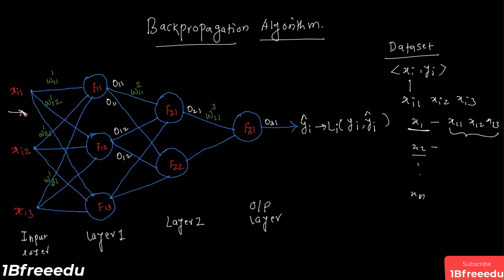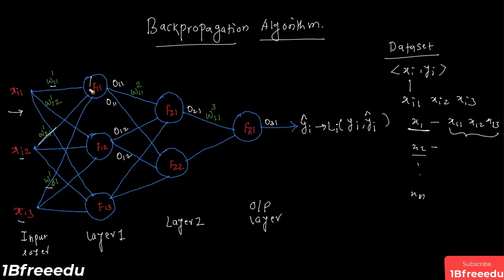These inputs are sent in the forward direction. The first feature gets multiplied with this weight W111 and comes here in this neuron. The second feature gets multiplied with the weight on this edge, W121, and it comes here. This feature gets multiplied with this weight and it comes here.